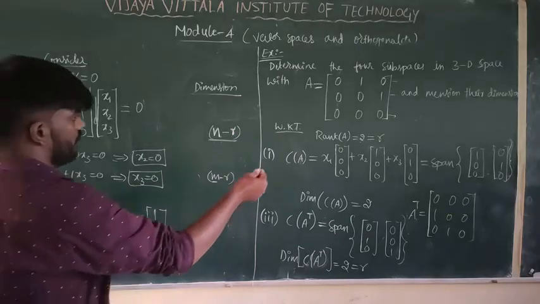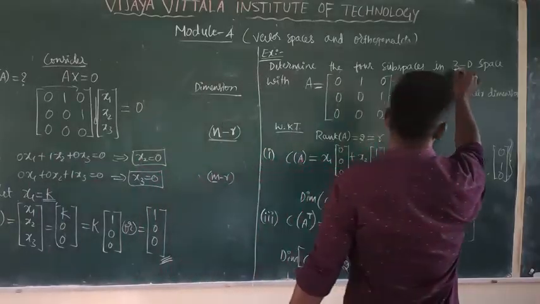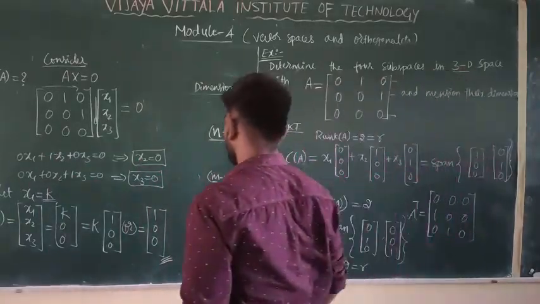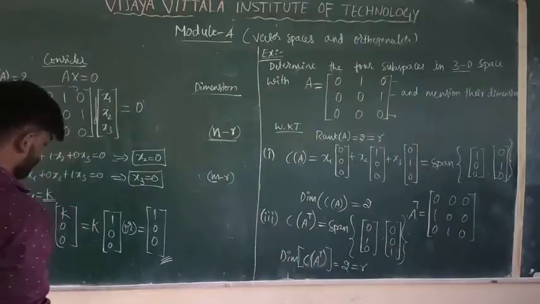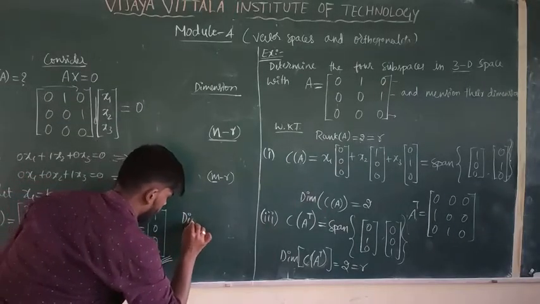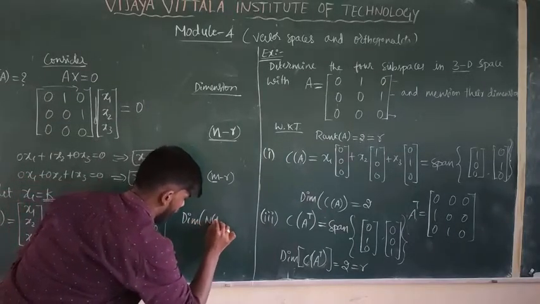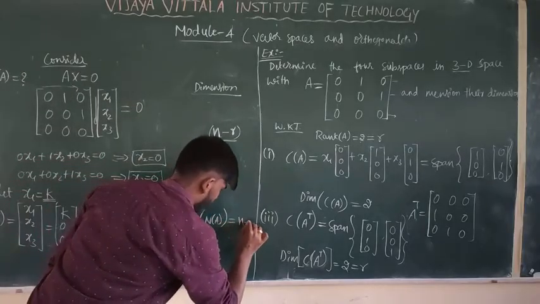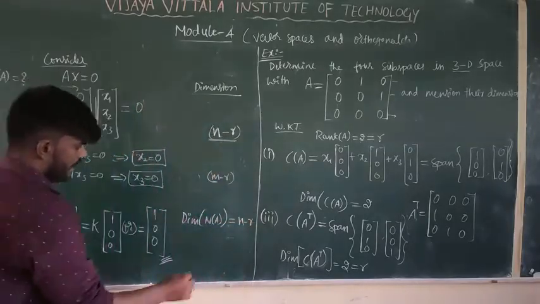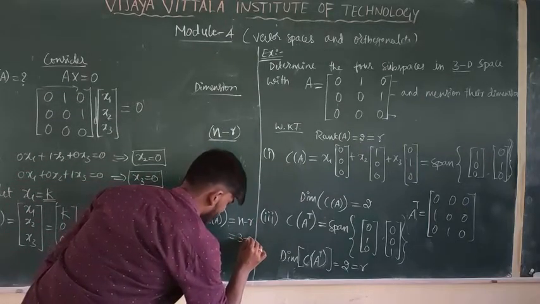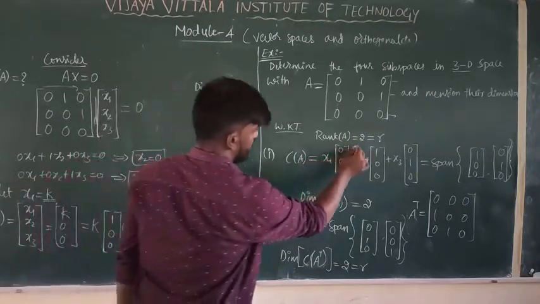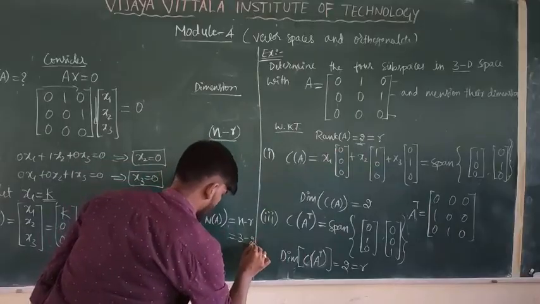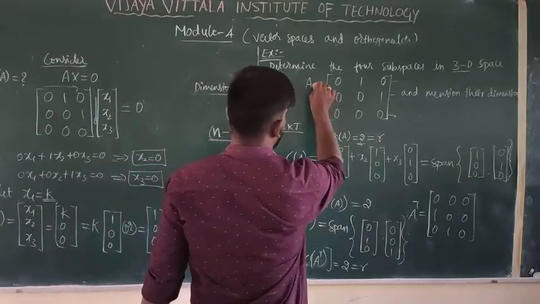Here n is 3, as A is 3 by 3, a 3 dimensional space. Therefore, the dimension of the null space of A is n minus r, where n is 3 and r is 2. The rank of the matrix A is 2.